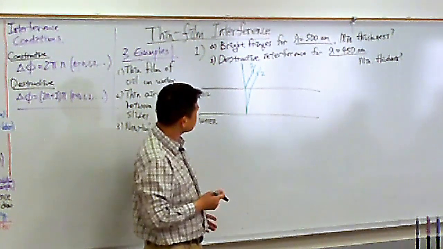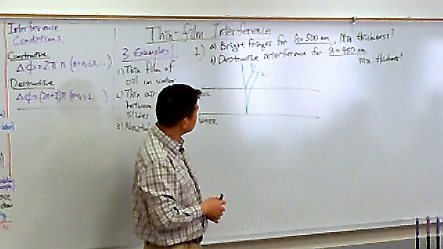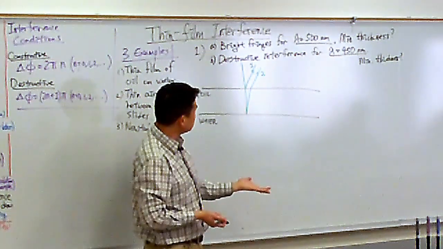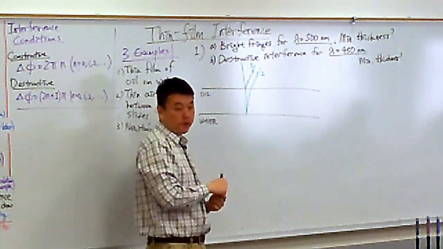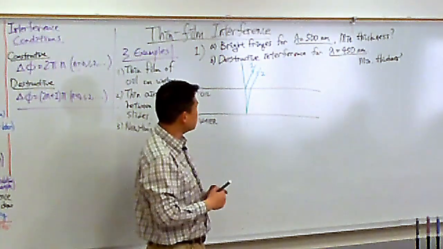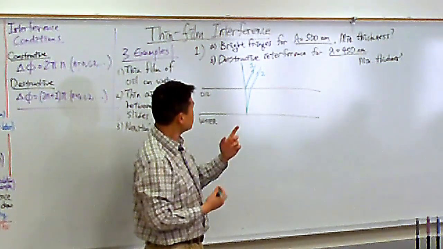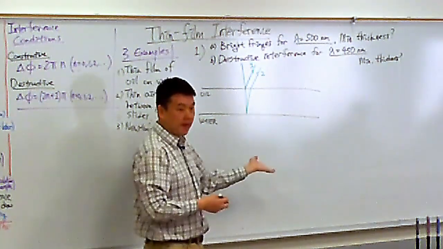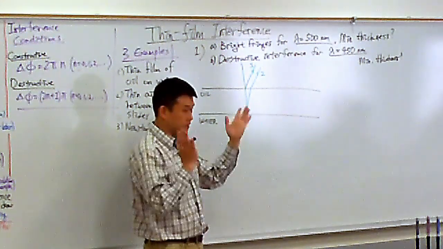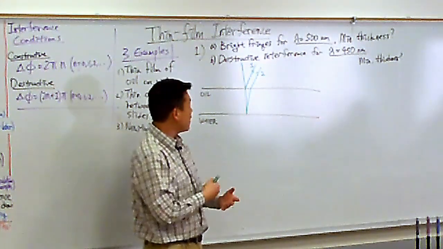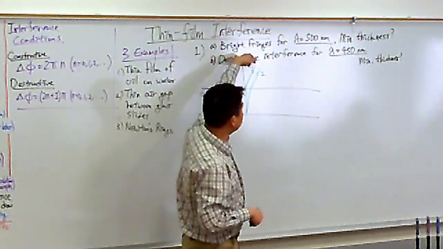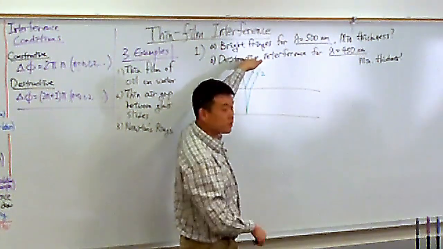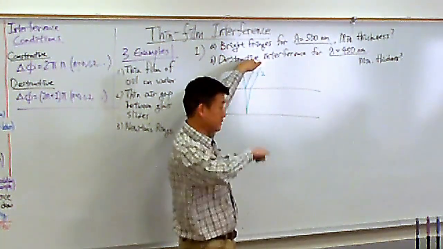I'm going to say that there's some reference phase that I'm going to call zero phase. Because if you are looking at the phase of light arriving here, it's going to be constantly changing as it oscillates.